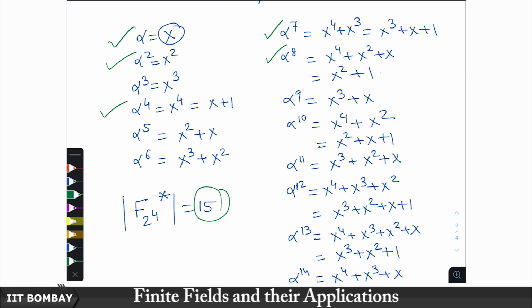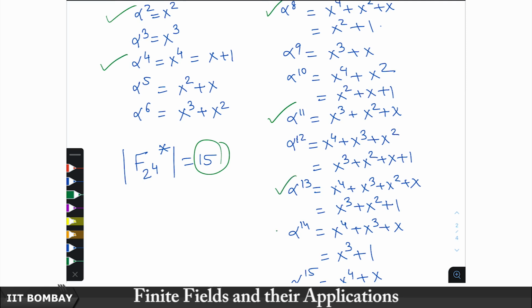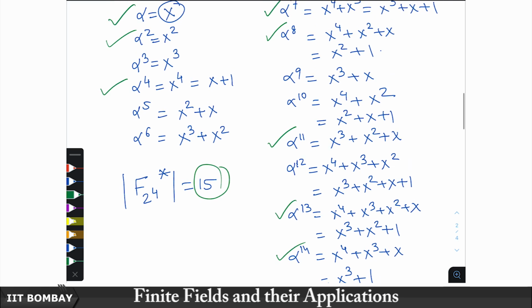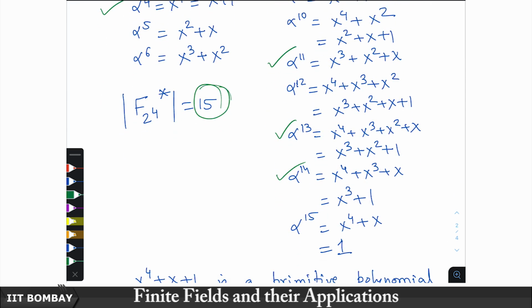Alpha power 7, alpha power 8, alpha power 9 is not, alpha power 10 is not because it has 5 as a common factor, alpha power 11, 12 is not, 13, 14. So, how many are there? 1, 2, 3, 4, 5, 6, 7, 8. 8, and you can evaluate the Euler's phi function for 15, and you will see that it will also be 8.